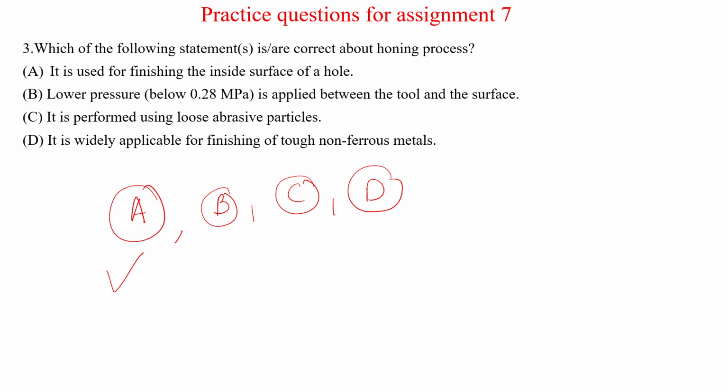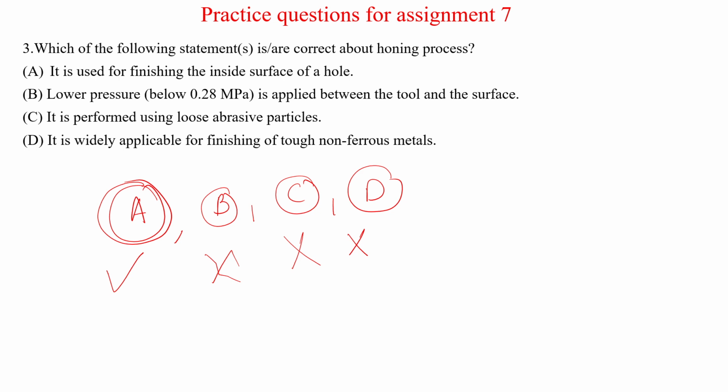The lower pressure is used in super finishing, not in honing. So B is wrong. Also, it is performed using loose abrasive particles. Loose abrasive particles are used in super finishing. It is also wrong. Now, it is used for tough non-ferrous, but honing has a limitation. It is not used for non-ferrous. This is also wrong. So answer is only A. Fine.